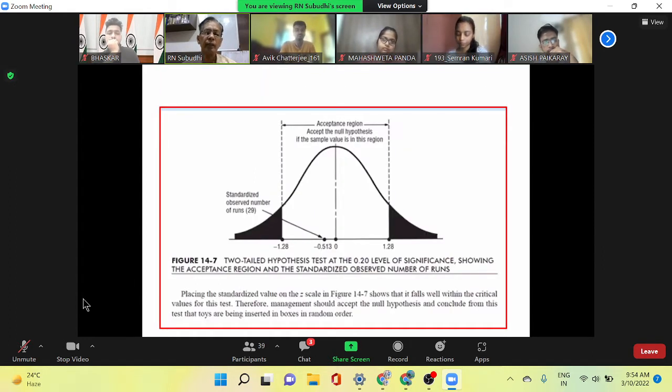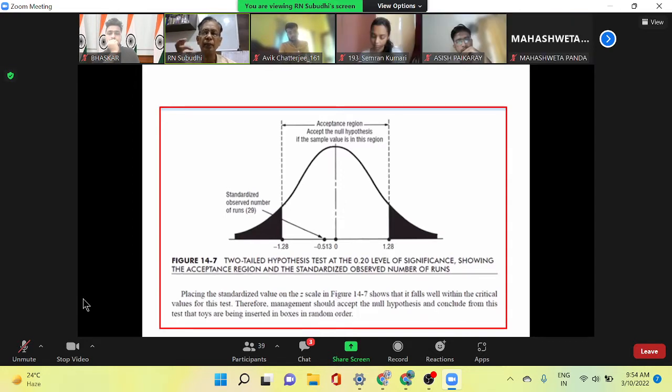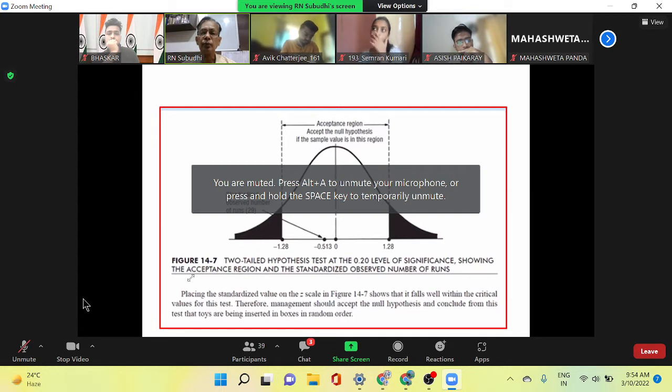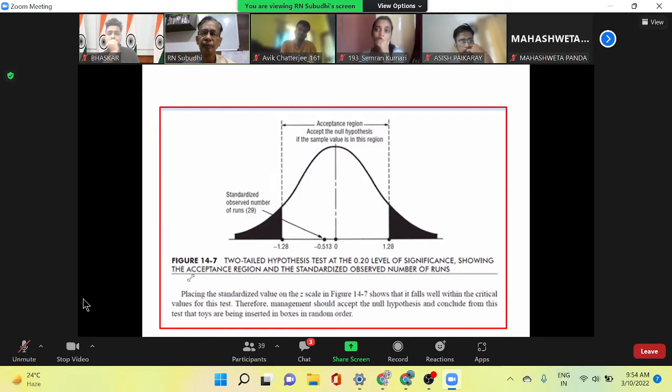Now, once you put the values into R minus mu by sigma, whatever you find, we'll call that the calculated value. Once you get the calculated value, what do you usually do? Then we search for the tabulated value and compare it.